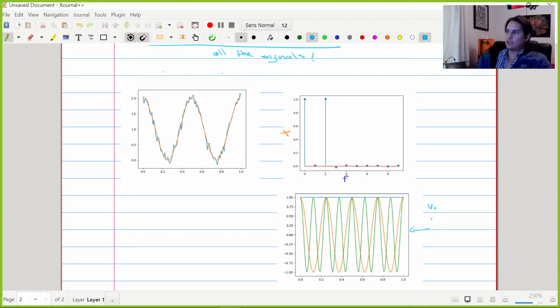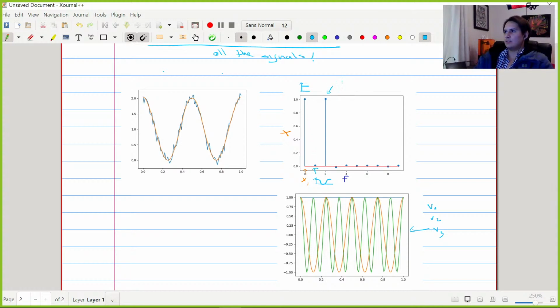And each of these functions here are, let's say, v1, v2, v3. So v1 goes with x1, that is this. So the constant function is represented by this coefficient. Then this one here is a cosine with a higher frequency.